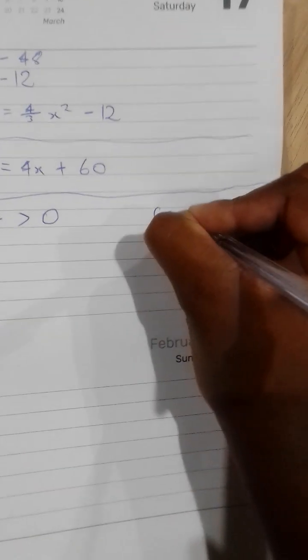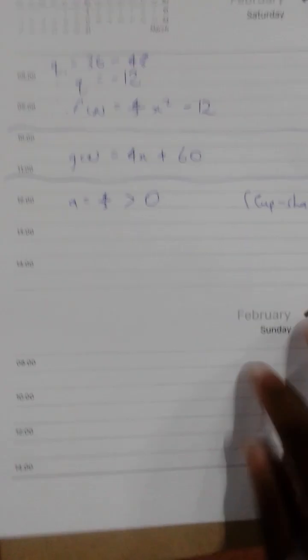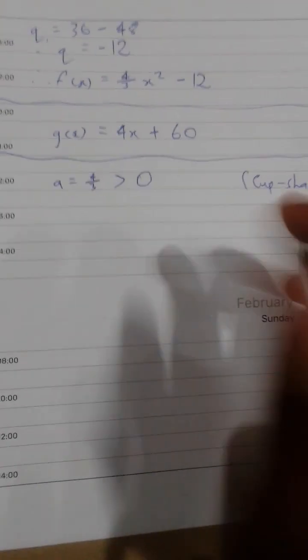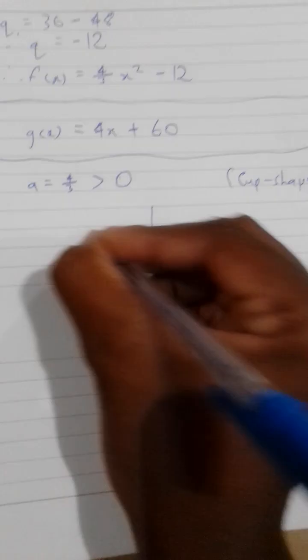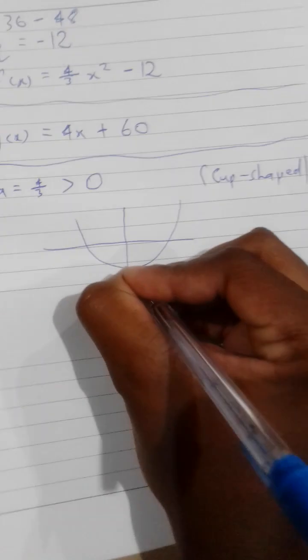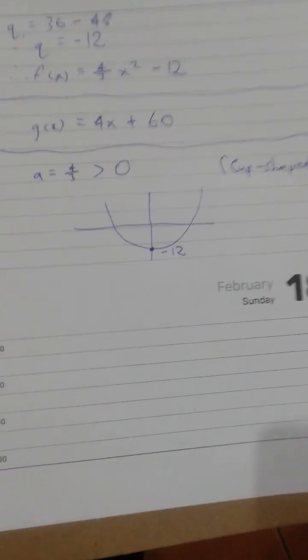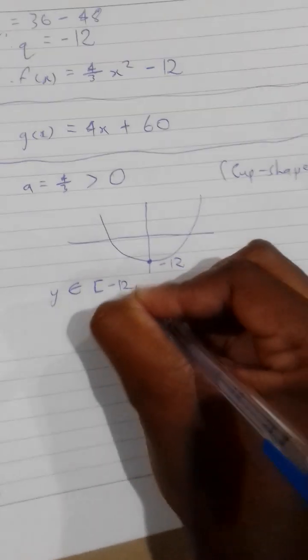Therefore, it's going to be cup-shaped, or a smiling face. Then you know that it cuts the y-axis at the turning point. So this point is negative 12. Since it's like this, it begins at the turning point and then goes upwards. So range: y is an element of negative 12 to infinity.